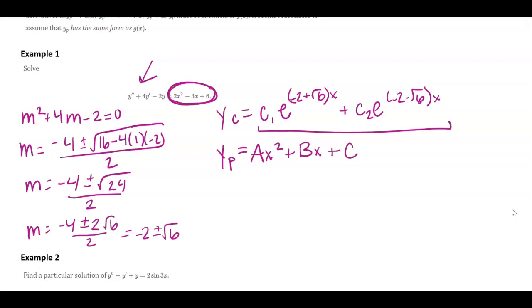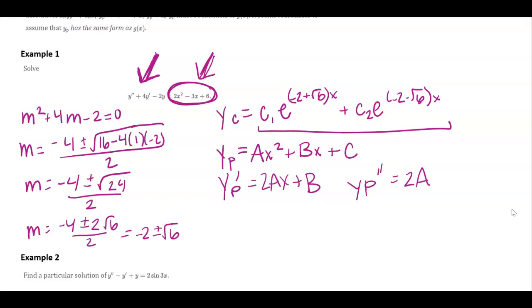And I need to know when I plug into this left-hand side, what combinations of a, b, and c end up giving me this right-hand side. All right, well, yp prime would be 2ax plus b, and yp double prime would be 2a.